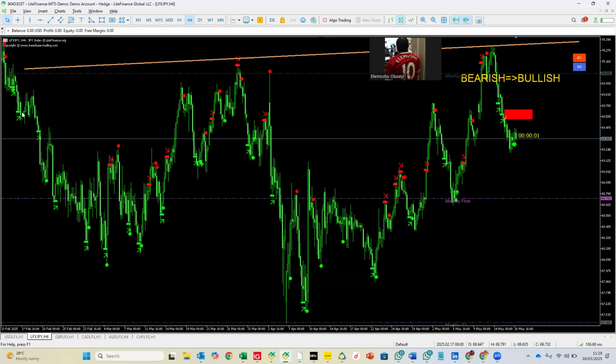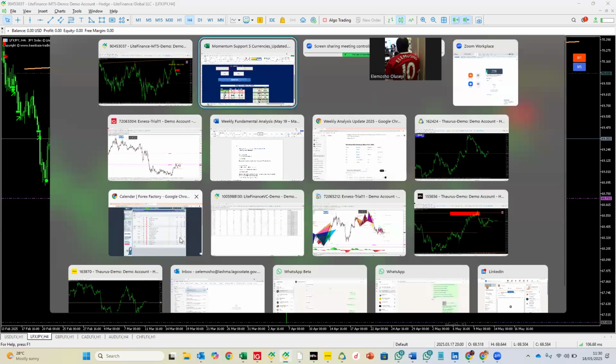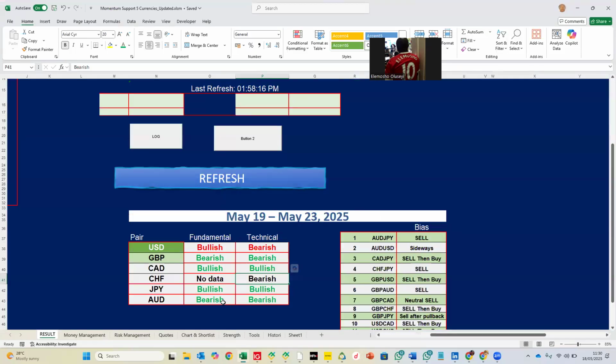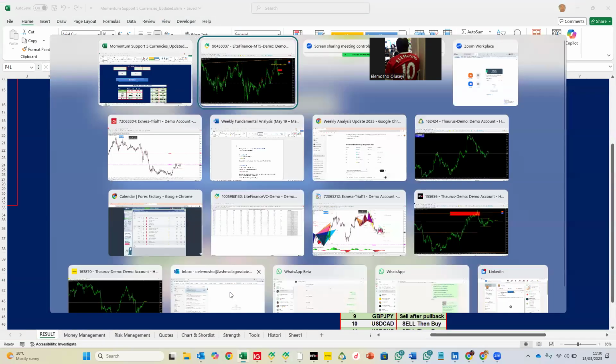So I'm expecting that price may first pull up a little at some point and then later on come all the way down to this monthly pivot zone. That's why I put bearish there, bullish there. But the overall structure is bullish, since when it is coming down, it's going to be strong. So we're expecting bullish on the yen.